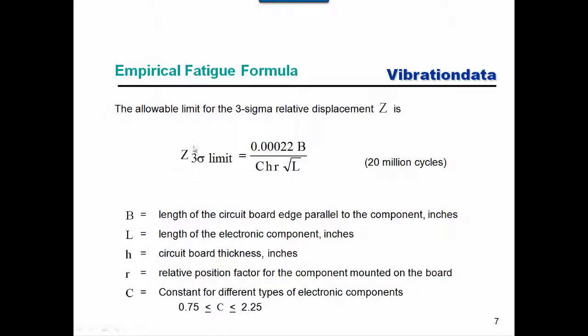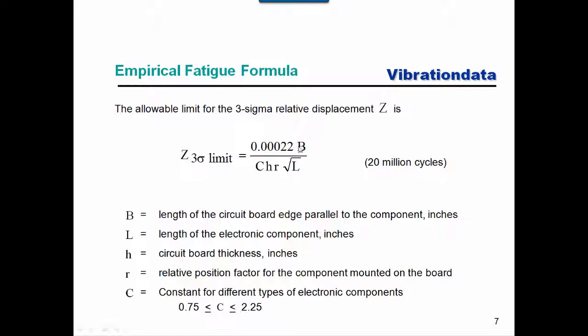So again, Z is the 3 sigma relative displacement at the center of the circuit board, and that is equal to, in the numerator, 0.00022. That's definitely an empirical constant. And by the way, this is all going to be based on inches for the various length parameters.